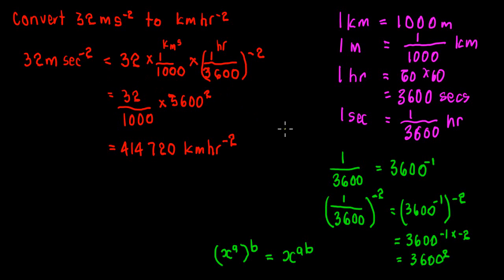That's a way that we can do it. And then we want to raise it to the power of negative 2, technically is correct. So that would be 3,600 to the power of negative 1, all in brackets to the power of negative 2.